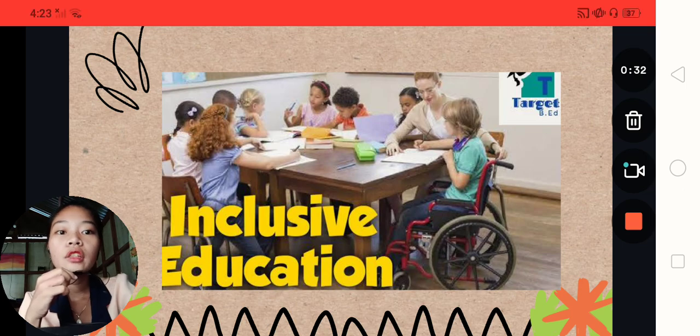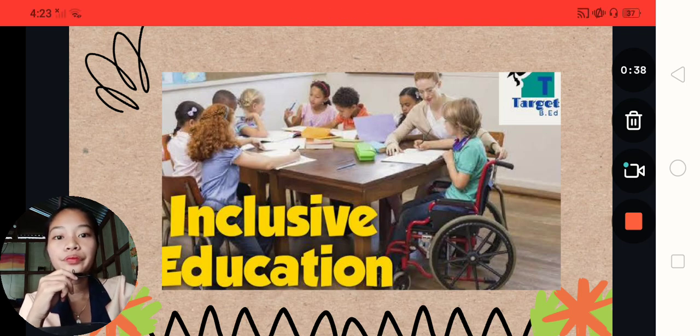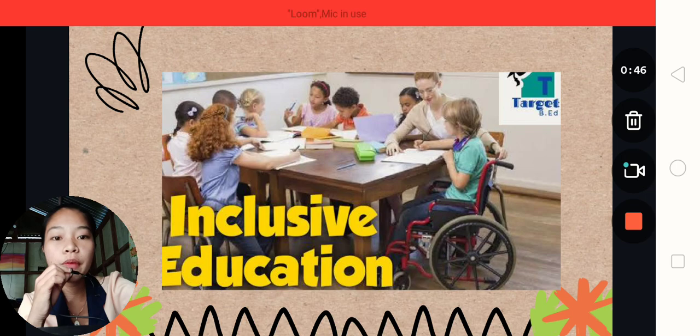So inclusive education means placing and educating children with disabilities, or children of any diverse background, in regular classrooms with children of the same age who do not have disabilities.